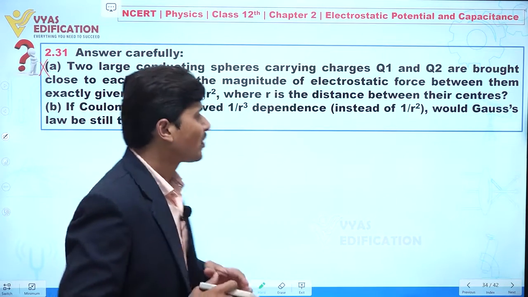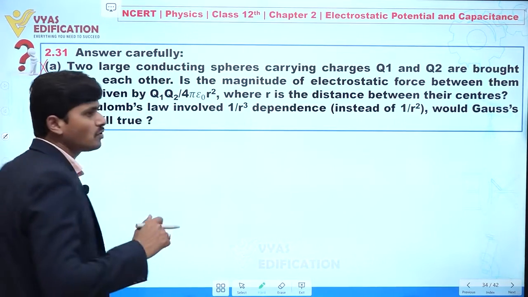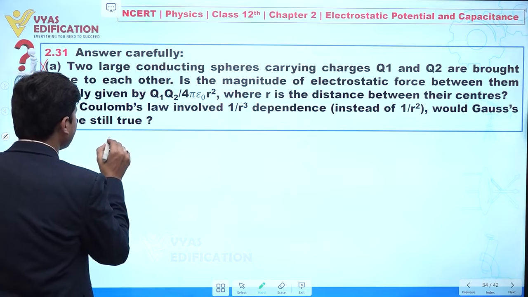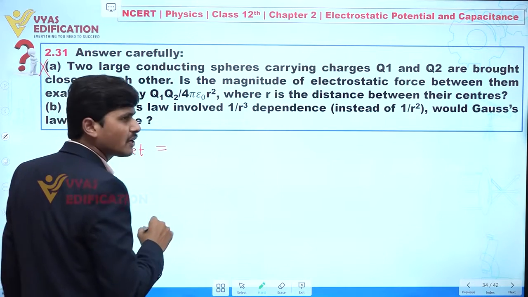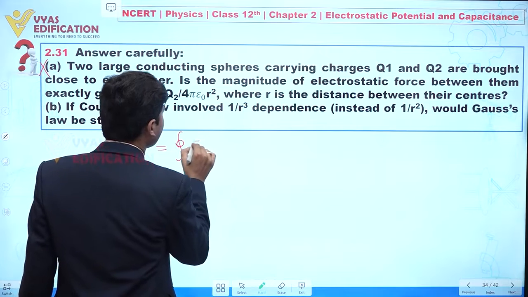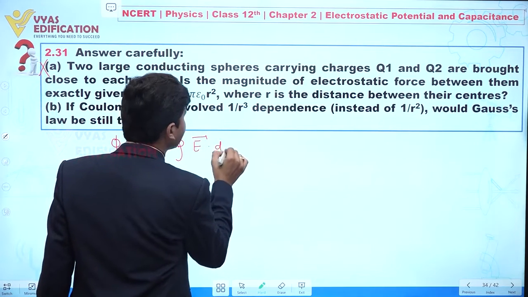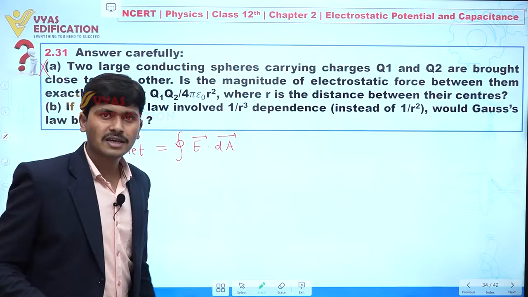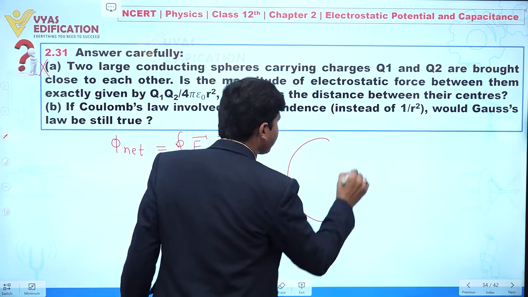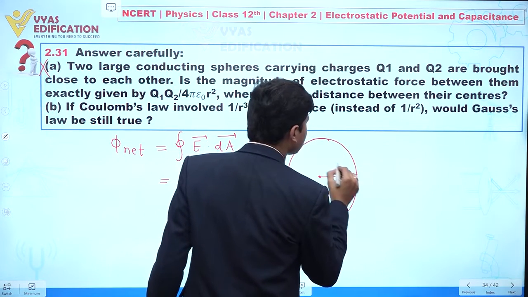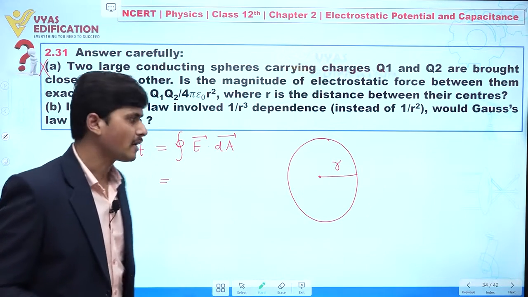Clear? So now we know according to Gauss law, the flux is given by the integral of E dot dA. Yes or no? Clear? Now let's suppose we are assuming a sphere. Clear? Let's suppose the radius of that sphere is small r. Clear?